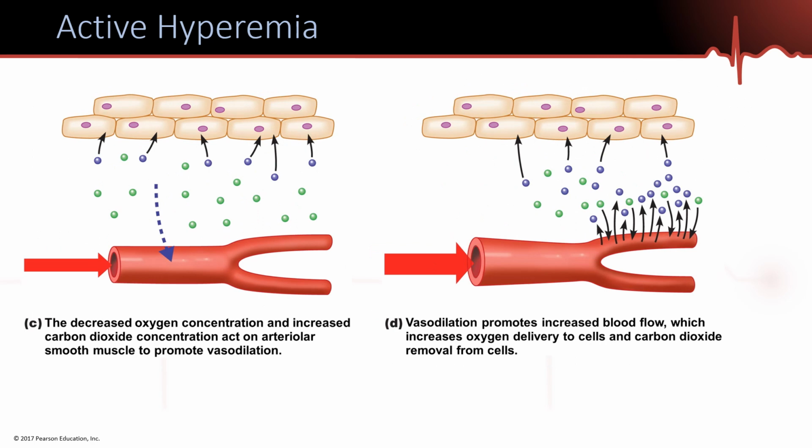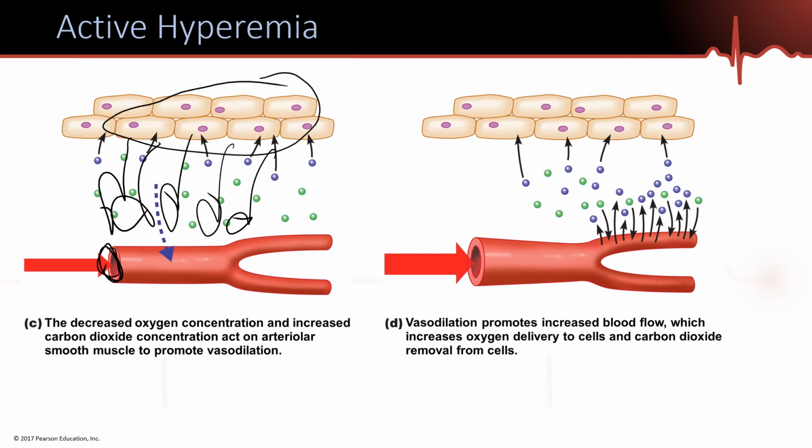The answer is, we know that these metabolites produced by contracting skeletal muscle fibers actually have the ability to travel over to the arterioles that lie next to them and cause the smooth muscle within those arterioles to relax. Right? The metabolites produced by contracting skeletal muscle fibers cause vasodilation of the arterioles that lie next to them.